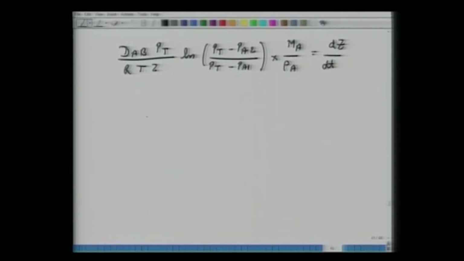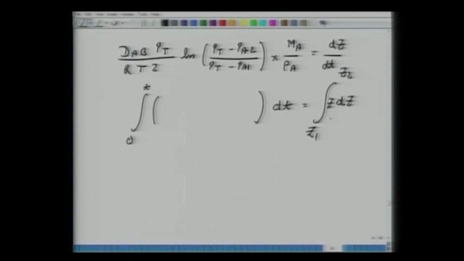Now we integrate. If we bring this term here, we have the entire expression like this: Z dZ on one side and dt on the other, with Z going from Z0 to Z1 and t going from 0 to t.